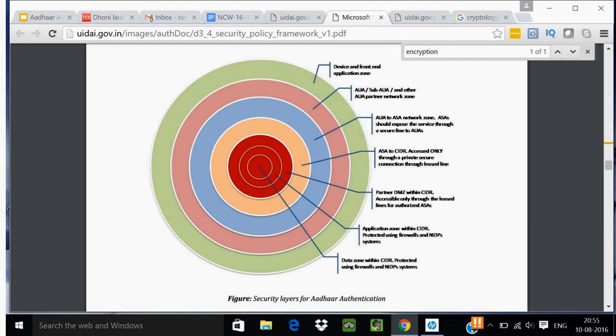Then we have ASA to CIDR, accessed only through private secure connection through leased lines. Next, we have the AUA to ASA network zone. ASAs should expose the services through secure lines to AUAs. Then the AUA, sub-AUA, and other AUA partners network zone. Then we have devices and front-end applications. So that means there is multi-layer protection built into the design of Aadhaar.